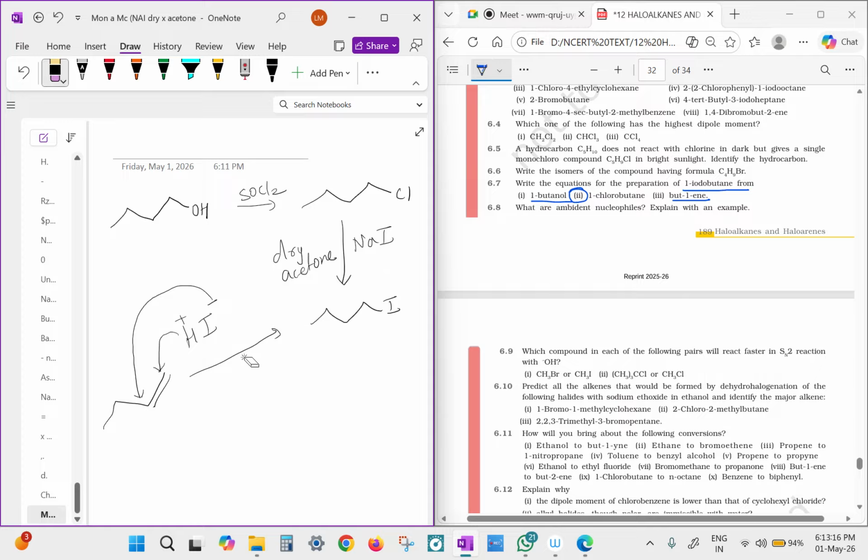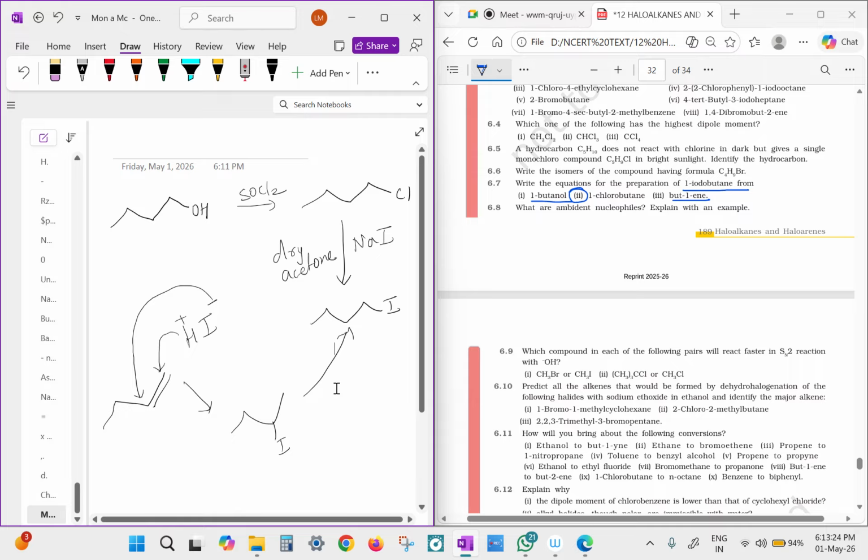So this will be giving me only 2-iodobutane. Once you have the 2-iodobutane, you can now do the Finkelstein. Also, sorry, instead, you can go for HCl. And once you have got the chlorine, you can treat it with NaI. Once you've got 2-chlorobutane, then you can do the replacement.